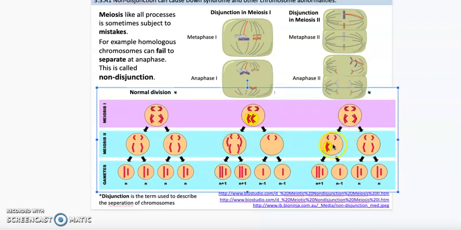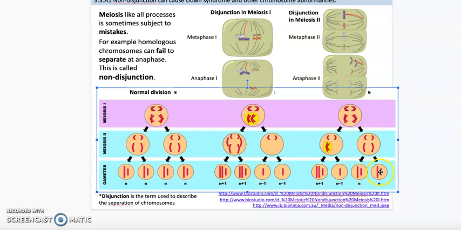Or if non-disjunction occurs during anaphase 2 of meiosis 2, as is happening right here, we can also end up having problems in the gametes. So as you can see, all of the gametes over here are not what they're supposed to be. This one has an extra chromosome, and these ones have one too little chromosome.